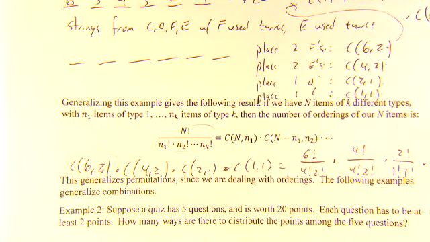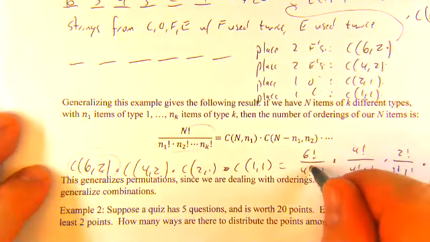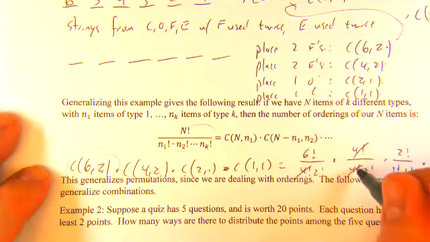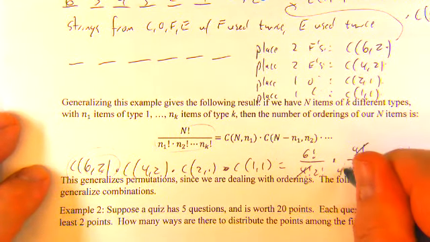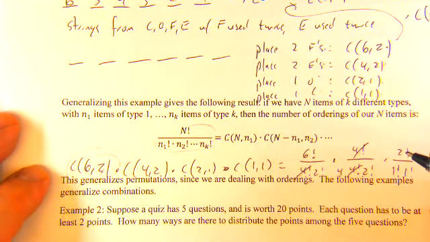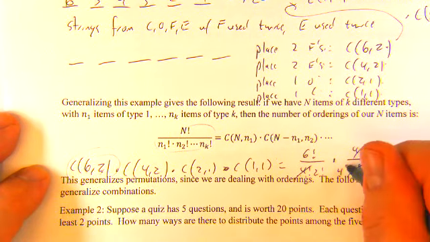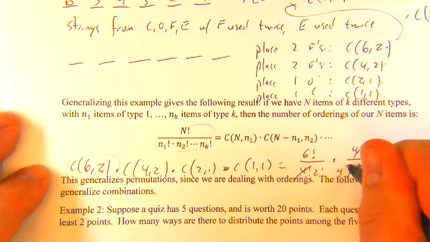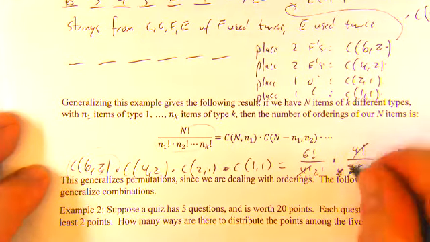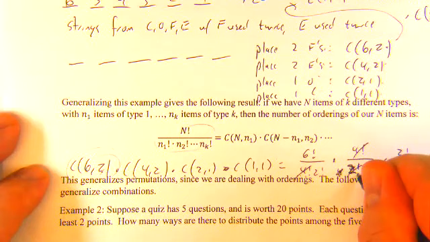So what do we actually have here? What cancels out? The 4s. Oh, this is supposed to be 2 factorial. 4 factorial over 2 factorial, 2 factorial.